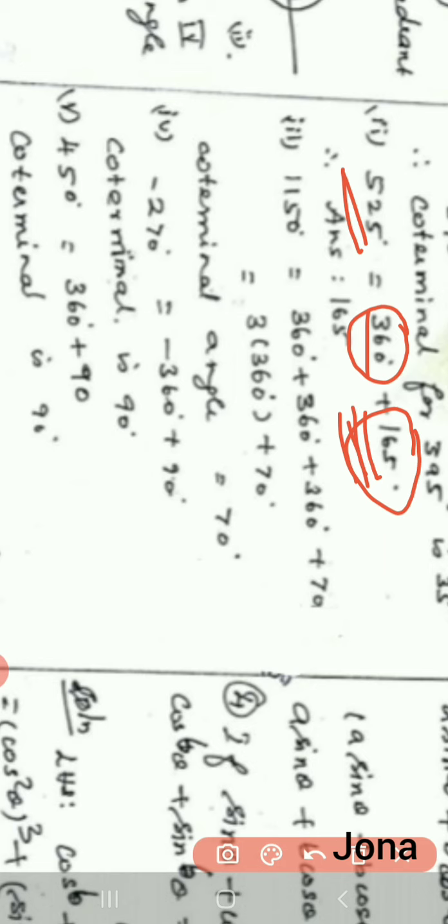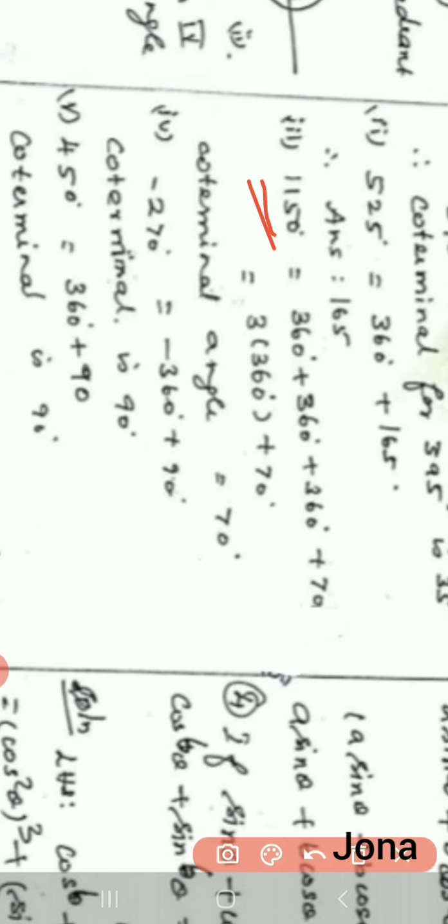One time. So 1 360 plus this 165. If we add this 165 along with the 360, you will get 525. So we can say this 165 is called the coterminal angle of 525.